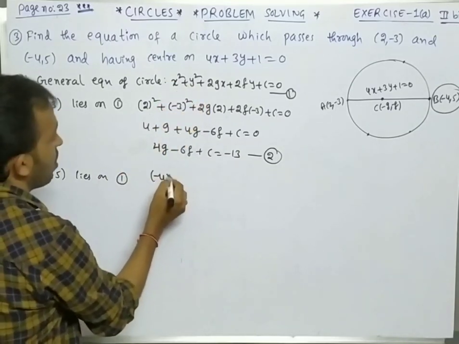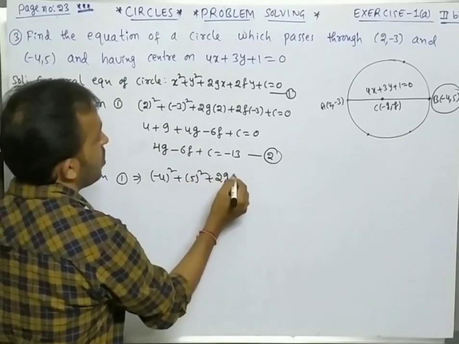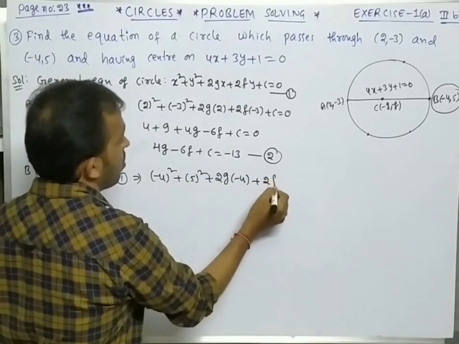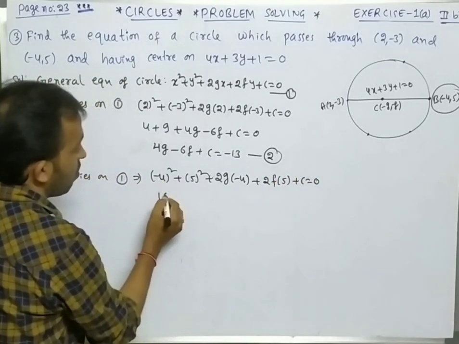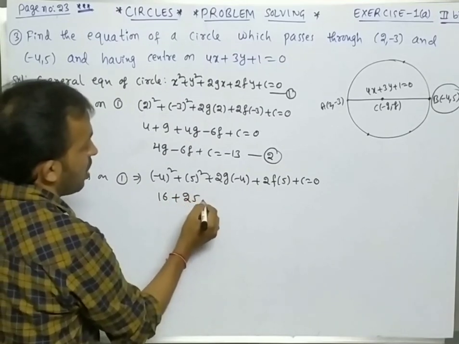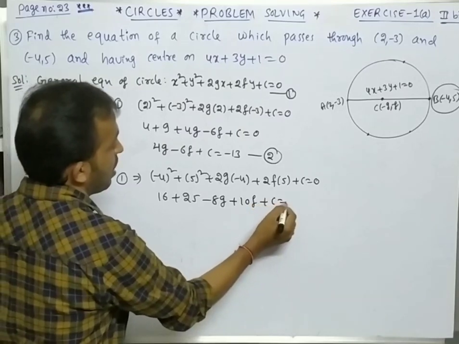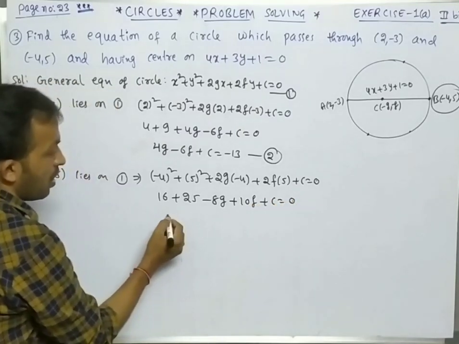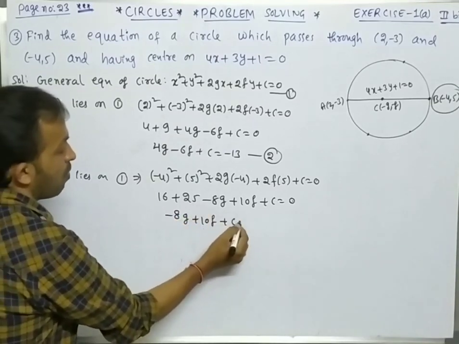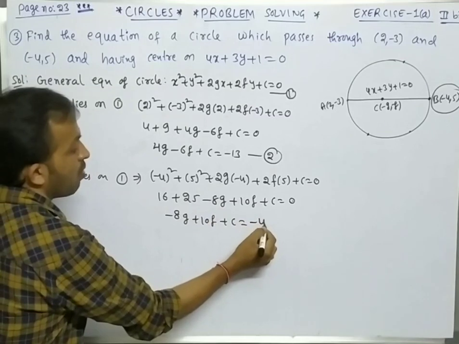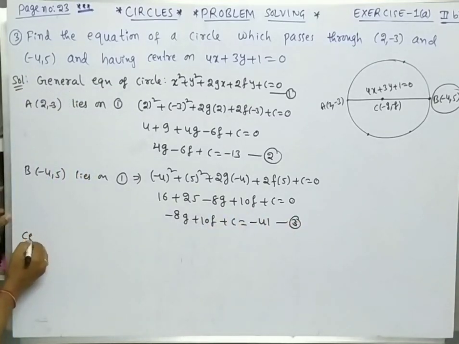So (-4) squared + 5 squared + 2g into -4 + 2f into 5 + c = 0. That is 16 + 25 - 8g + 10f + c = 0. So finally -8g + 10f + c = -41. Equation number 3.